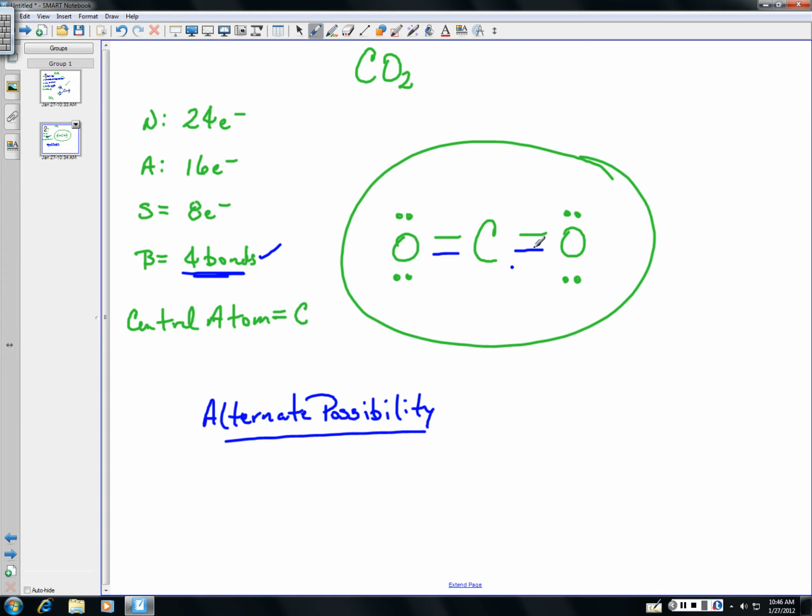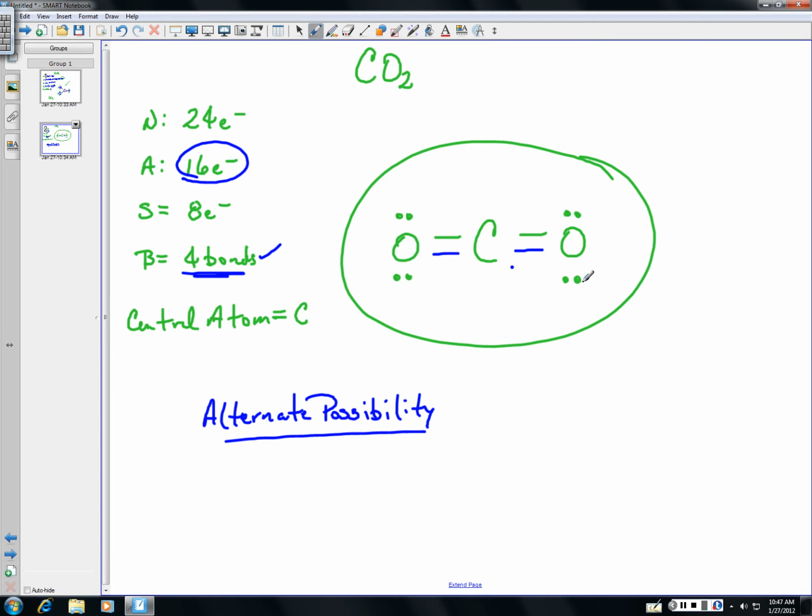All right, and then I had to go back and start assigning my 16 available electrons, starting with my oxygens on the outside first. The oxygen on the left had 4 electrons in that double bond, so it needed 4 more, so I gave it 4 more. The oxygen on the right had 4 electrons in that double bond, so it needed 4 more, so I assigned it.